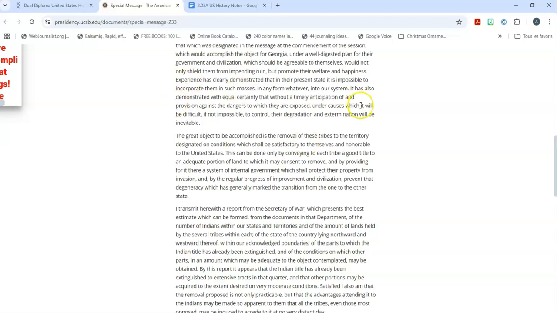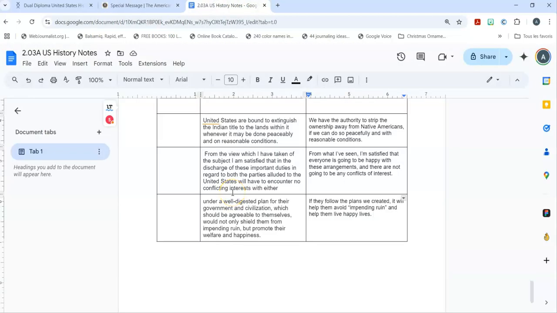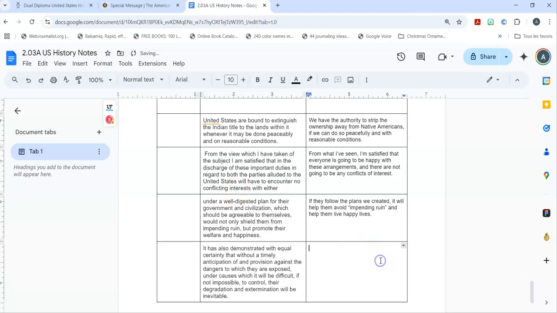It is also demonstrated with equal certainty that without a timely anticipation of and provision against the dangers to which they are exposed, under causes which it will be difficult, if not impossible, to control, their degradation and extermination will be inevitable. So he says that if we do not figure this out, then they are doomed to have their entire people be extinguished or exterminated.